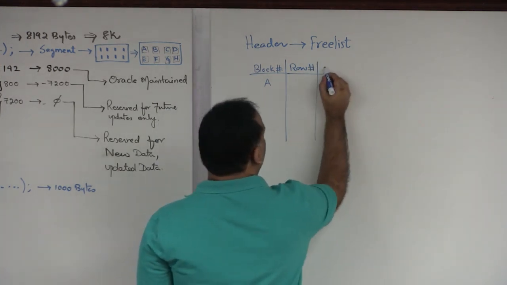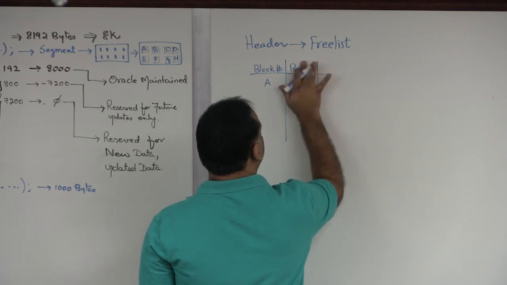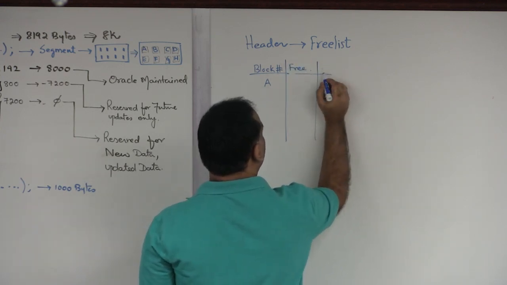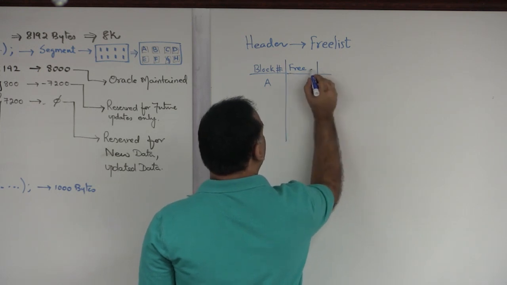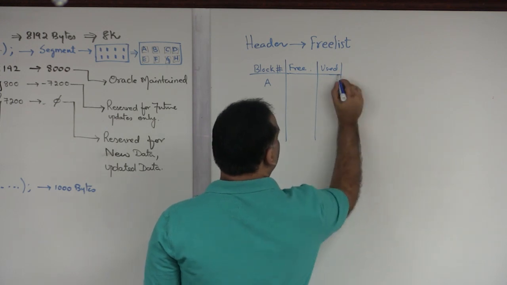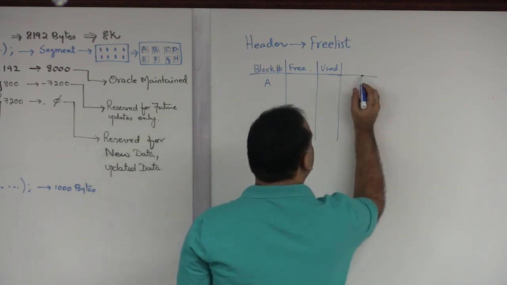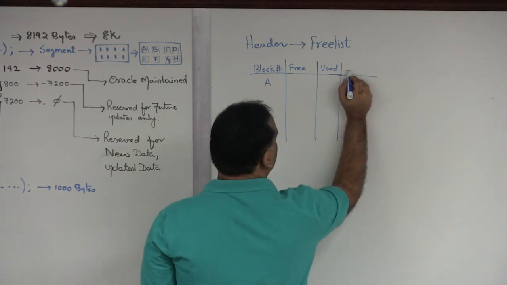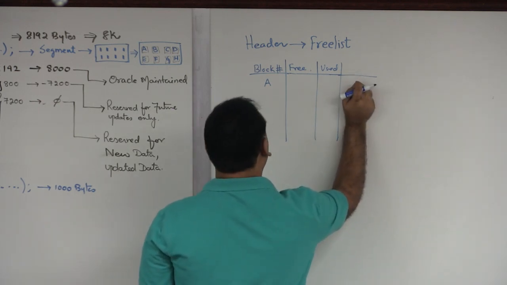Okay. So total free space, free space and then let's say used space. And here we have what is the other one? It keeps track of the percentage. No, I think there is something else that I'm missing.